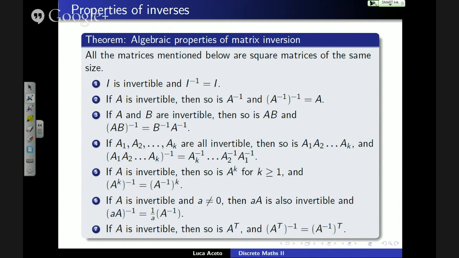What is it that we finished by doing last time round? We introduced the notion of an inverse of a matrix. Now, when is a matrix an inverse of another one?